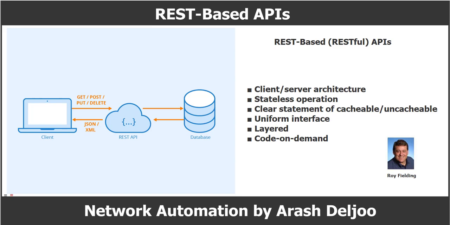If you find an API with these 6 attributes, you can say that it is a RESTful or REST-based API. Let me explain a little about the client-server architecture, stateless operation, and clear statement of cacheable and uncacheable for a better understanding of REST-based or RESTful APIs.